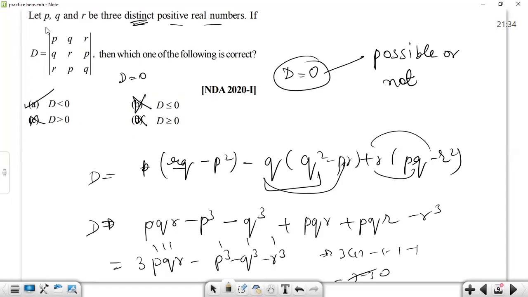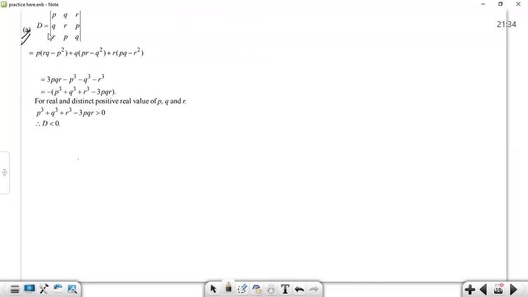Here we have used two methods. In the value putting method, you are able to eliminate two options. Let's read this.